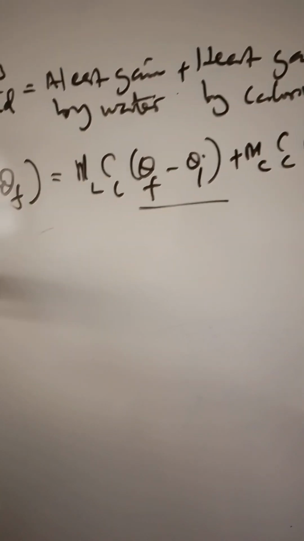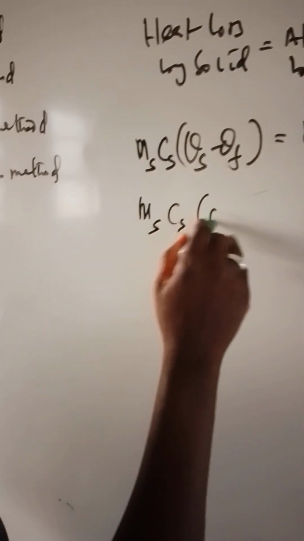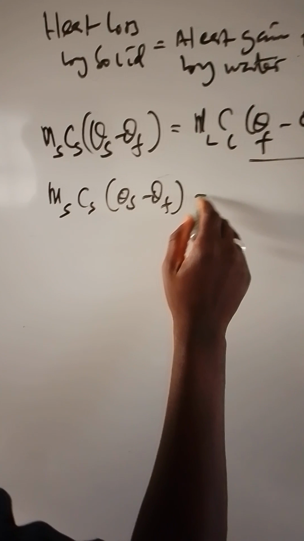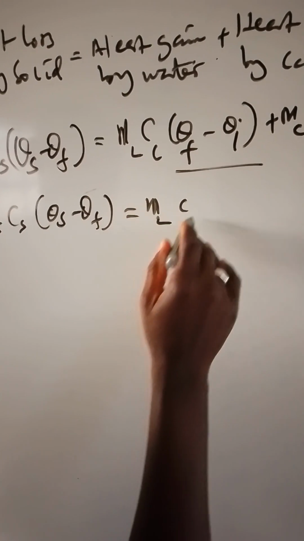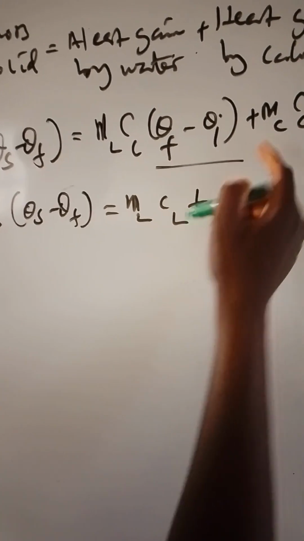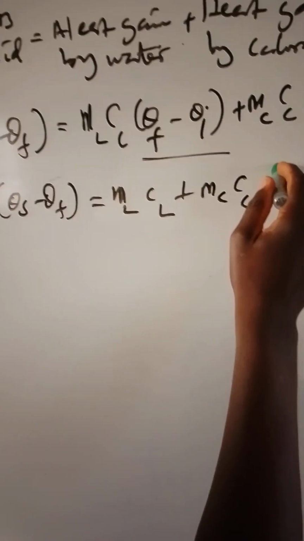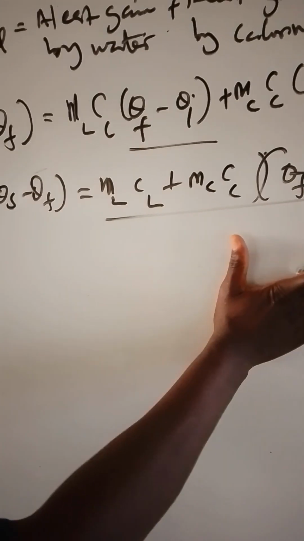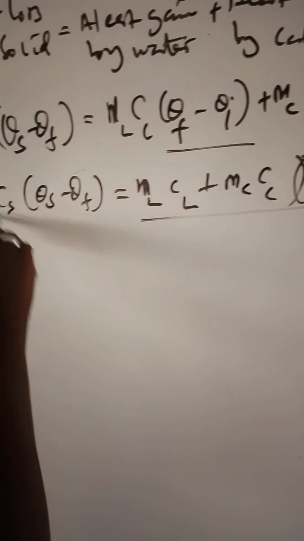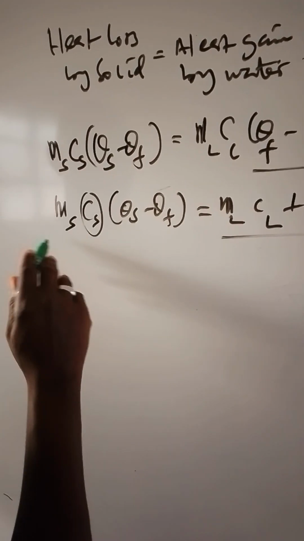You can factorize them. We have Ms Cs (θs − θf) is equal to (Ml Cl + Mc Cc)(θf − θi). We now make Cs the subject of the formula.